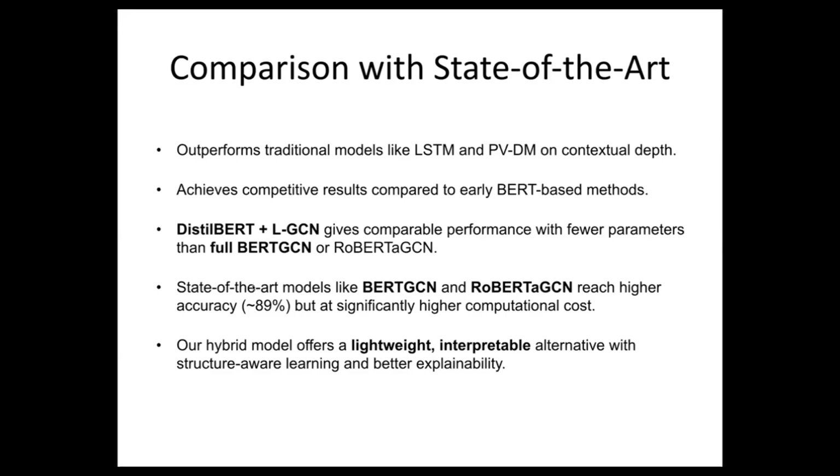So the overall takeaway is that we might give up a small amount of accuracy. Our model offers a balanced and resource-efficient technique, making it very suitable for real-world deployment where scalability and transparency are key.